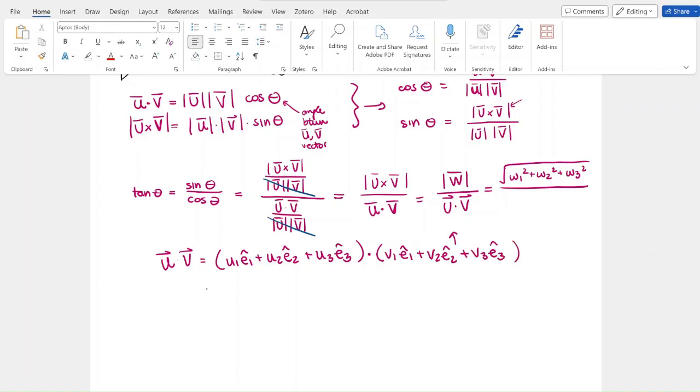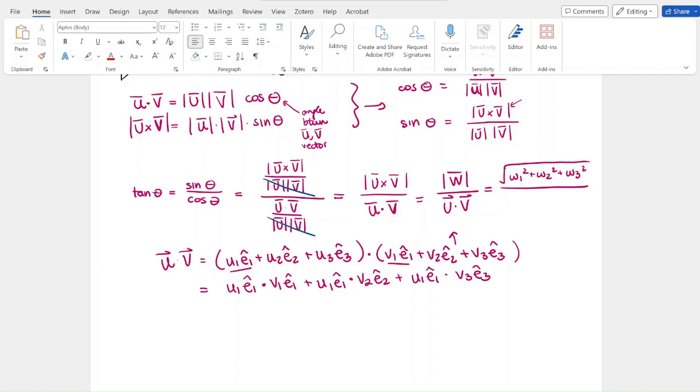When you take a dot product, you take the dot product of each term. So for example, you would have u1 e1 hat dotted with v1 e1 hat, plus u1 e1 hat dotted with v2 e2 hat, plus u1 e1 hat dotted with v3 e3 hat.